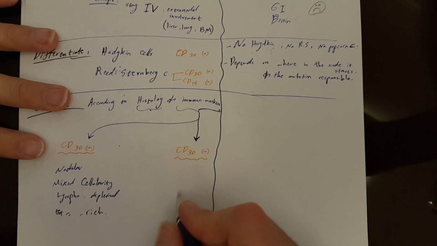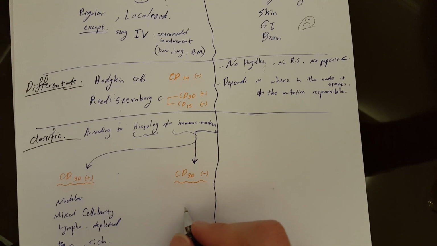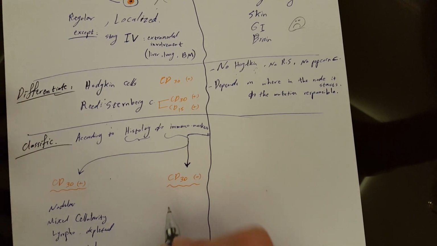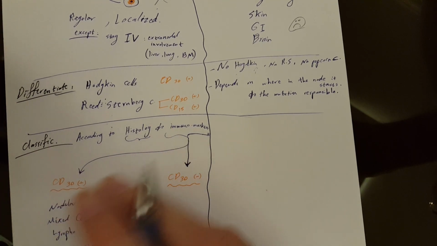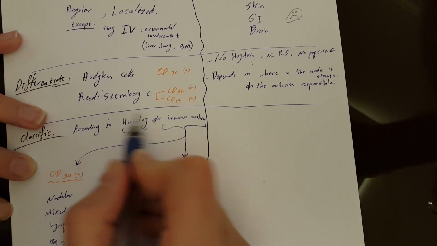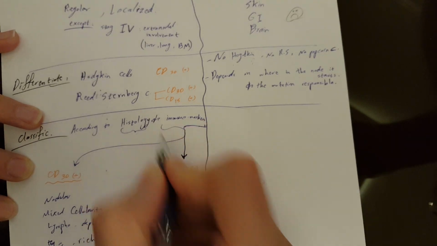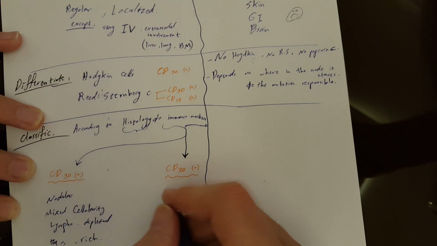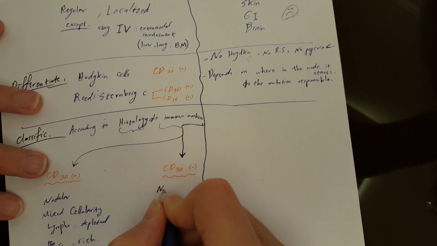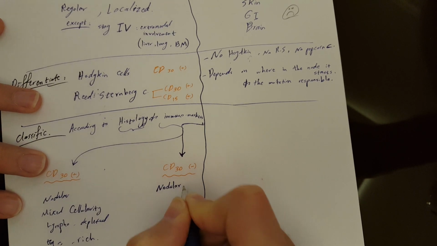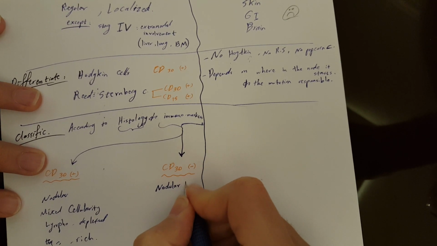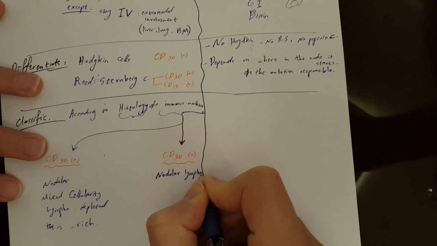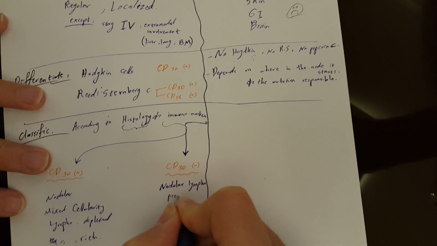Now the CD30 negative mostly make one type of histology, one type of look, which is the nodular lymphocyte predominant.